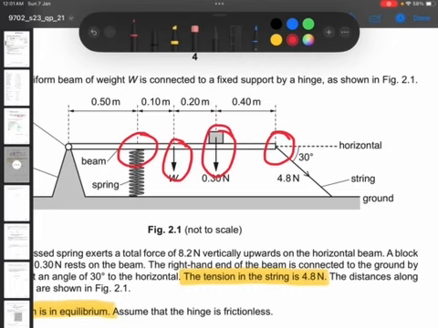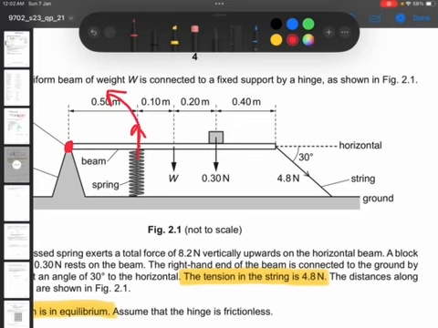Before we do that, we need to establish which of these forces are causing clockwise or anti-clockwise moments. If you look at these forces carefully, you can see that this force due to the spring, considering the pivot to be here, will cause a rotation of the beam in this direction. So the force here causes an anti-clockwise moment.